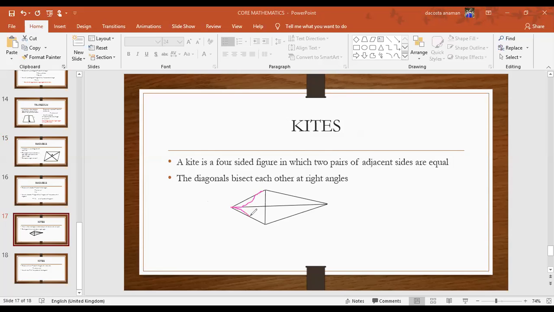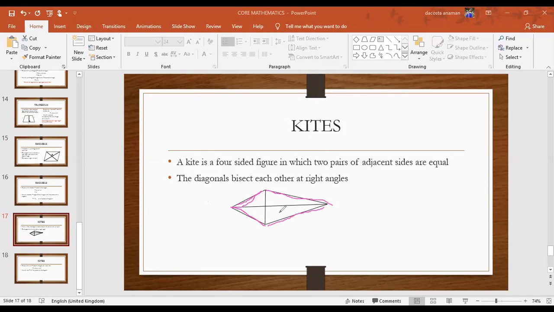That's what we mean by two pairs of adjacent sides being equal. So the base part is equal, and the top part too is also equal. So that's a kite for you.